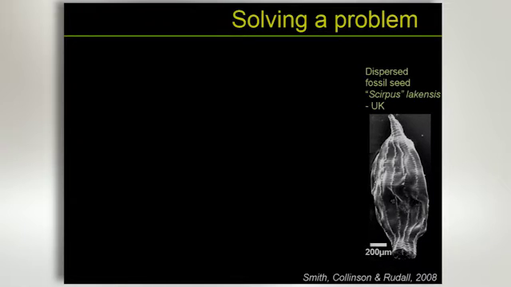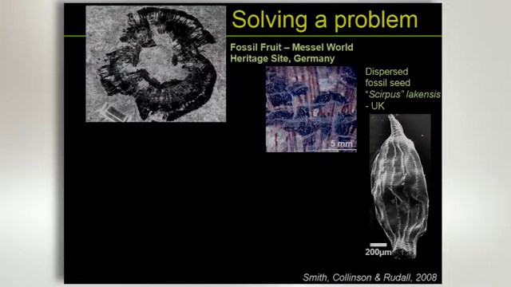And so the first fossils we were looking at started coming about because of this fossil seed that's found in the UK that was placed in the sedge genus Scirpus, so an extant genus. And then that same seed morphology was found in these fruits. And you guys are all botanists, so I'm sure you can recognize this is not a sedge fruit.